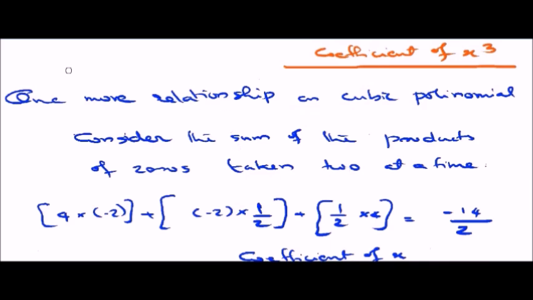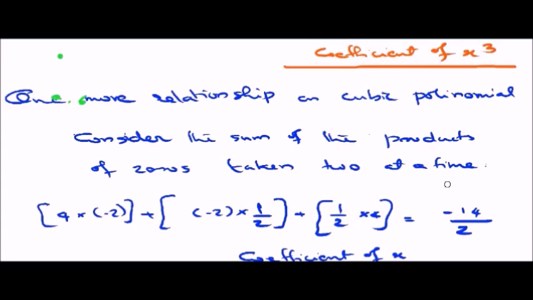In cubic polynomial, there is one more relationship. Here alpha, beta and gamma, or a, b, c, d, totally 4 variables are there. So we will have one more relationship in cubic polynomial.